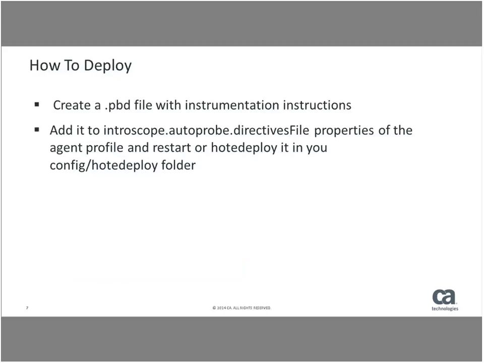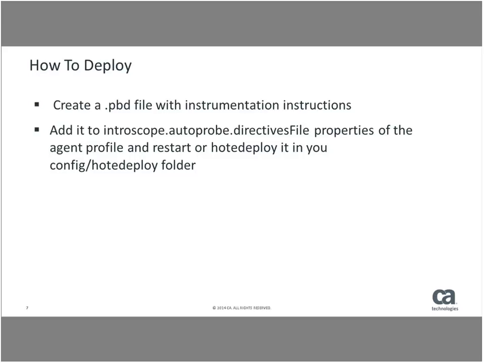All right. So let's say you've custom instrumented, you provided the instructions, and you put them in .pbd. Now, how do you deploy them, right? First, obviously, create the .pbd with the instrumentation instructions. We just saw how to do that. And then you have a couple of options. One is add it to your introscope.autoprobe.directives file property.